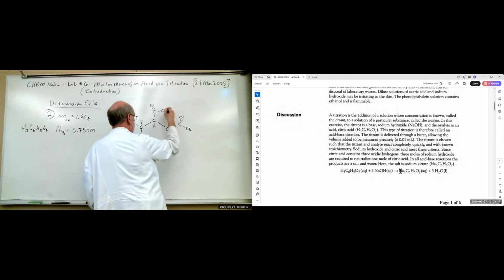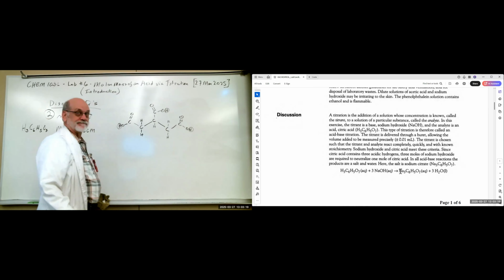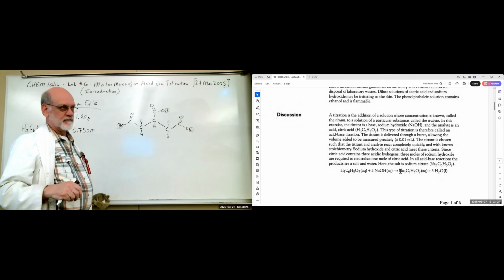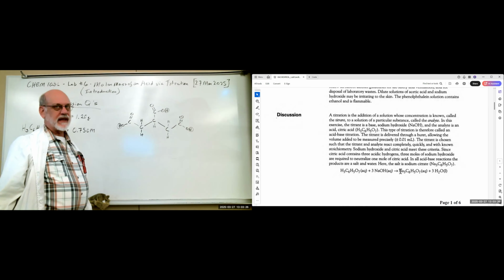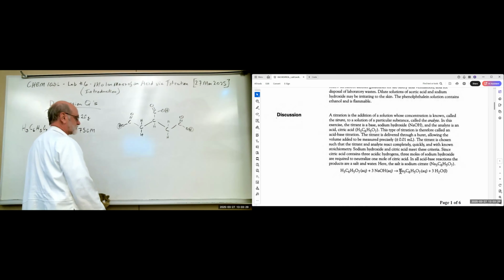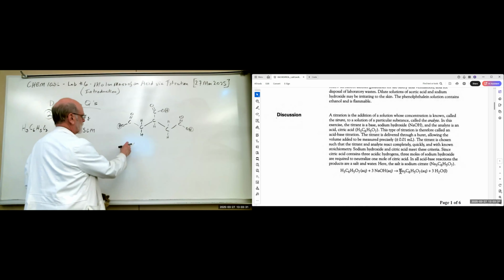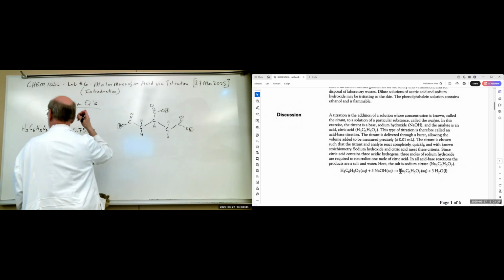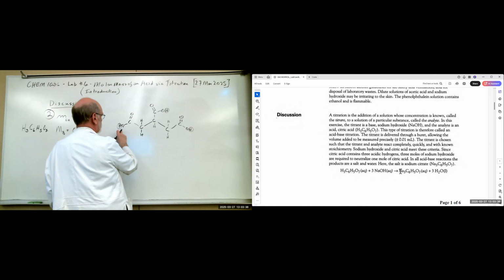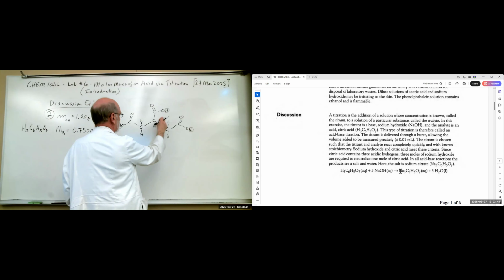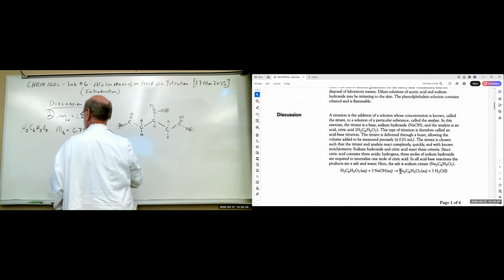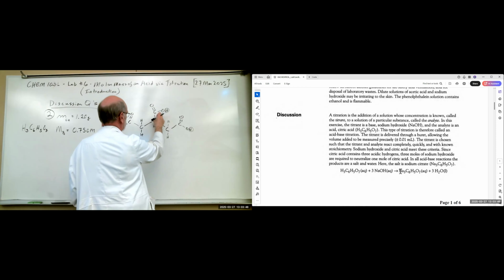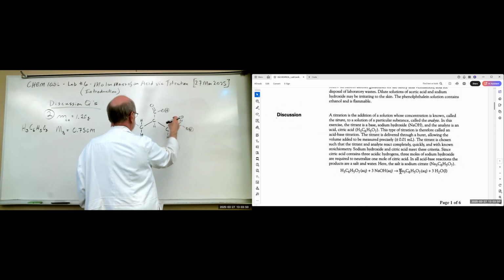The protons that we're neutralizing with the base are these right here. That one, and that one. The rest of those hydrogens are virtually locked in place. We can't titrate those. Now let's see if that comes out to the right formula. 1, 2, 3, 4, 5, 6 carbons, all right. 8 hydrogens, 1, 2, 3, 4, 5, 6, 7, 8. And 7 oxygens. 1, 2, 3, 4, 5, 6, uh-oh.